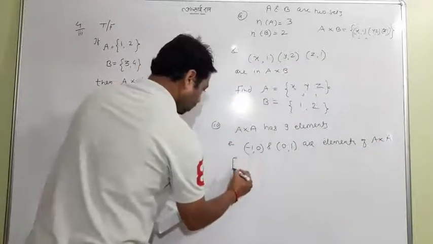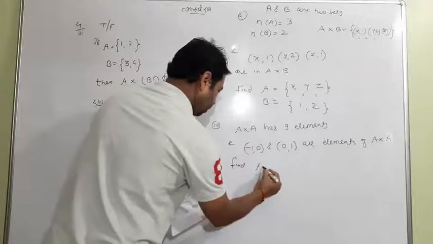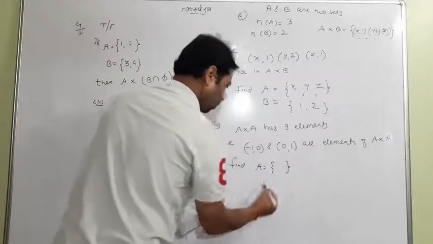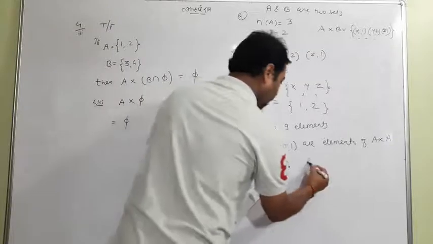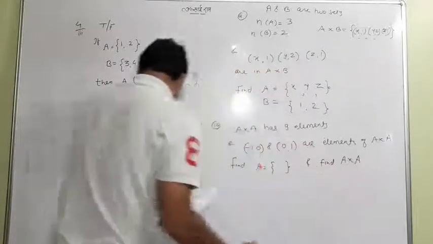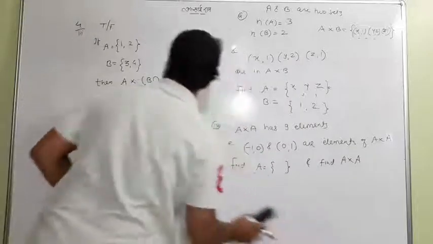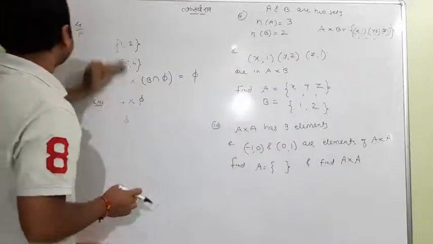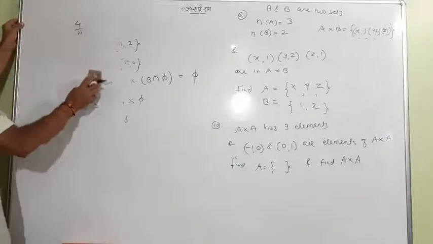Find the set A, and find also A cross A. So totally it depends on A. So what is A?